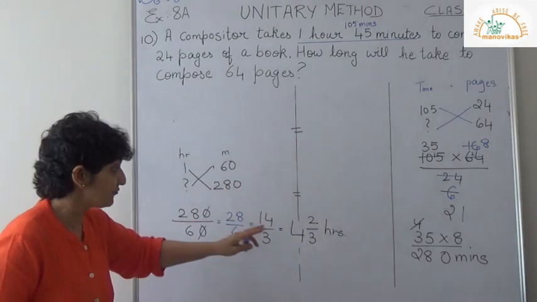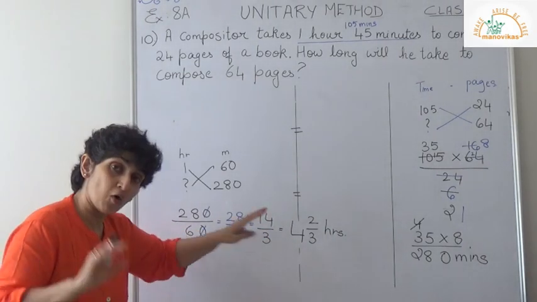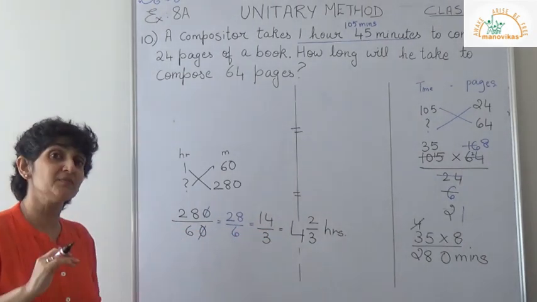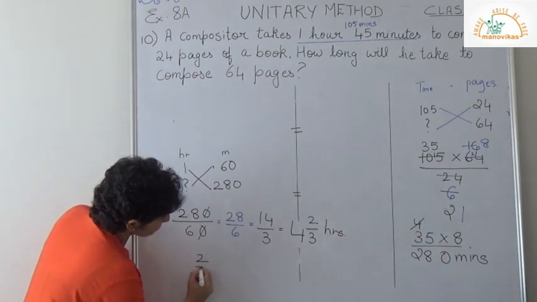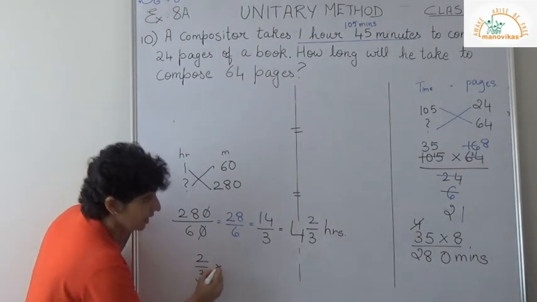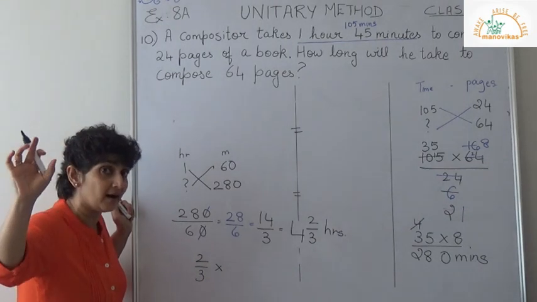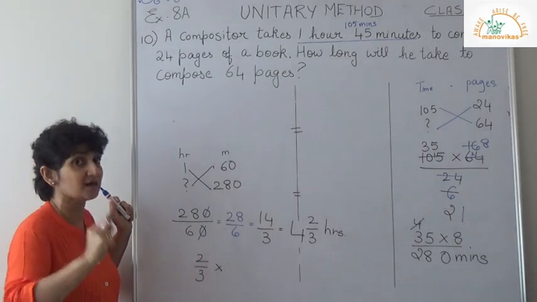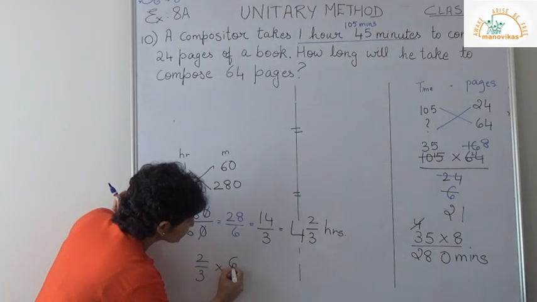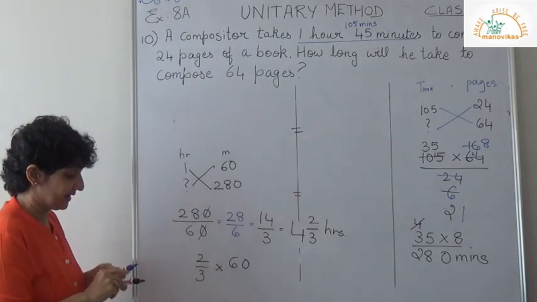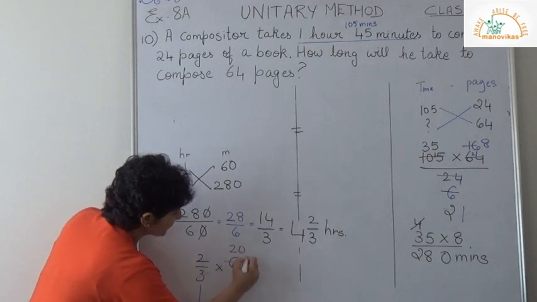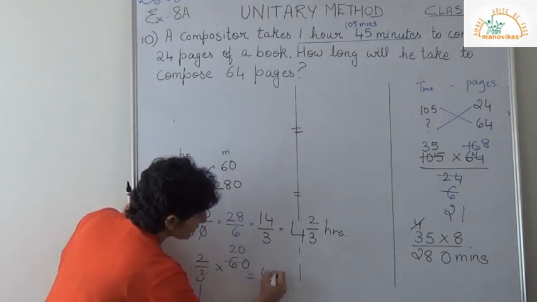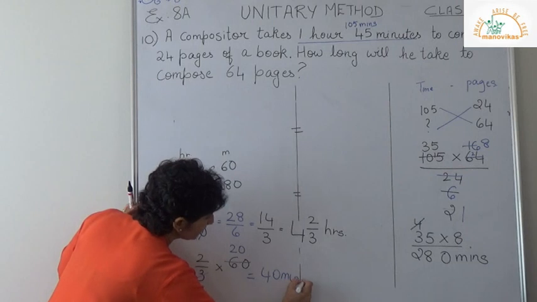I have still not finished. So 4 hours is fine. What is the meaning of 2/3 of an hour? 2/3 of 1 hour. 1 hour is 60 minutes. So when I reduce, 3 2s are 60, 2 2s are 4, so 40 minutes.